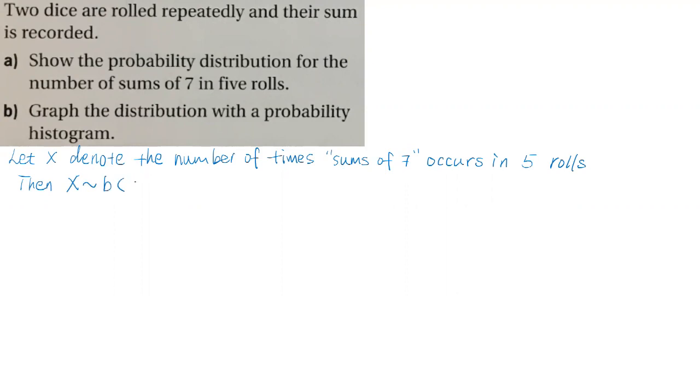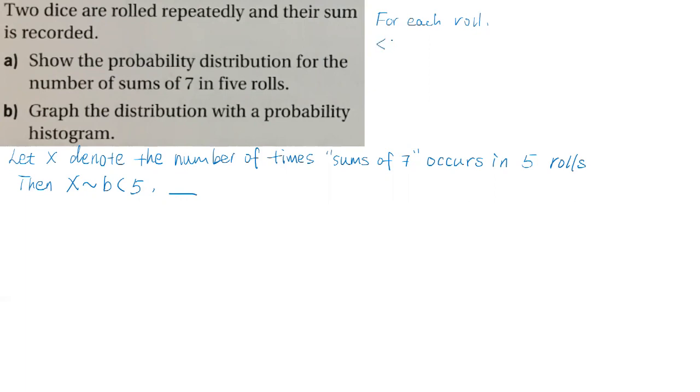Okay, the first parameter is apparently 5 because we have 5 rolls. The second parameter, we need to calculate this, right? The second parameter is the probability that a sum of 7 occurs. Okay, for each roll, how do we get a sum of 7?